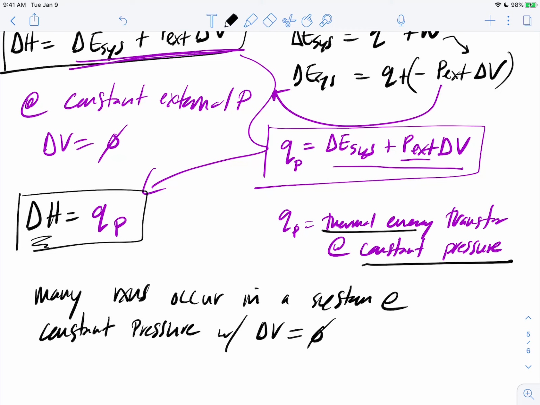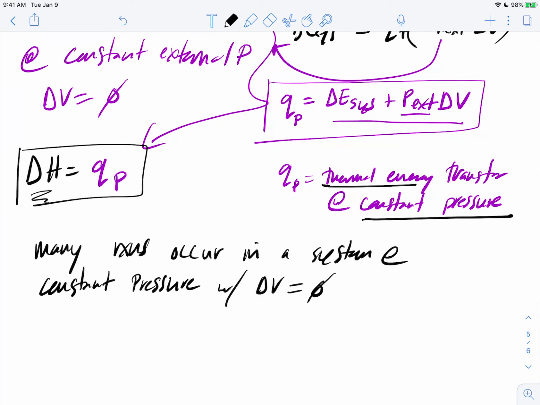They are not in a closed system, they're in an open system, or a system that does not allow for the delta V, such that we're only going to be looking at thermal energy transfer as a way of measuring enthalpy. So that is our little derivation, and now we're going to get into some practical applications of enthalpy, both for calculations and for determining its value.